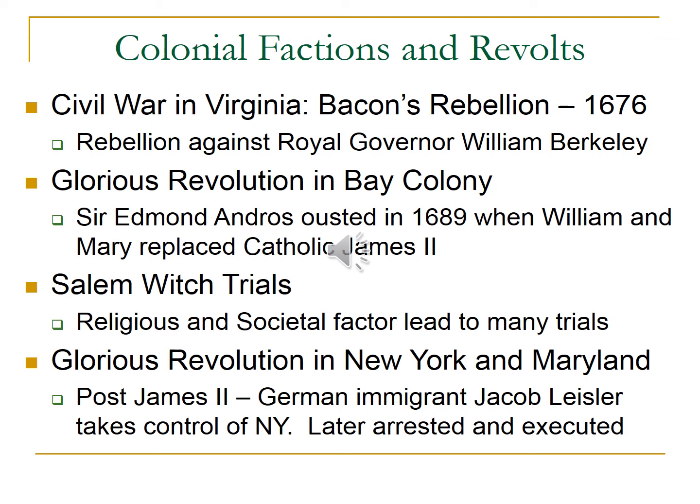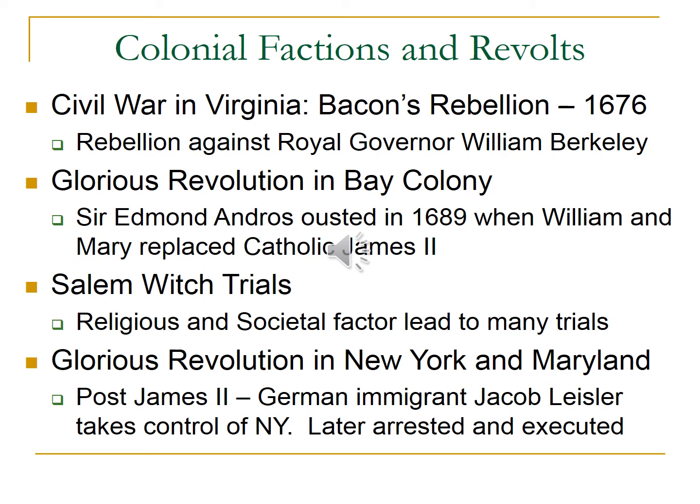And they weren't treated equally. They were seen, especially because many of them came from different parts of Europe. Many immigrants now at this point were coming from Ireland and Scotland, and they were seen as inferior to the initial settlers who were mainly from England.